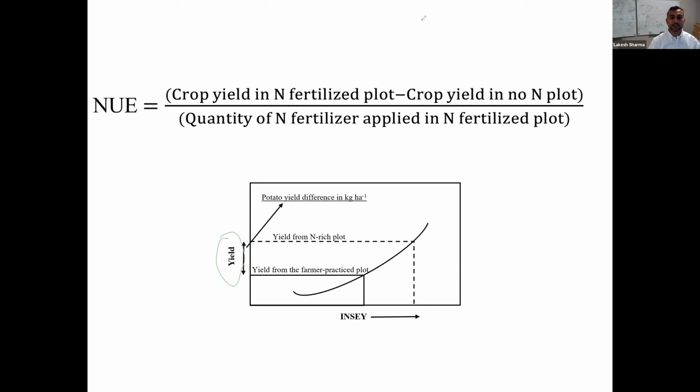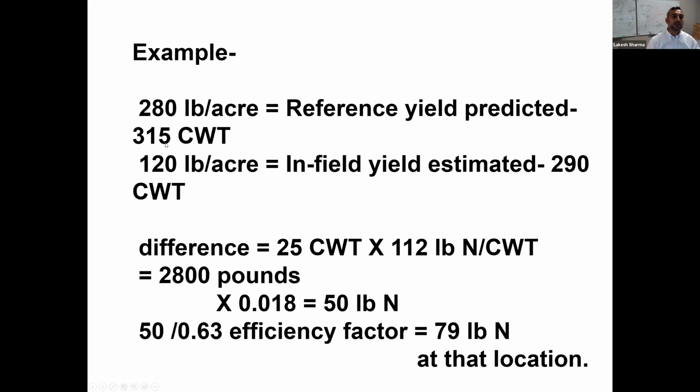So let's go ahead and calculate how much nitrogen we need. All right. For an example here, 280 pounds of nitrogen per acre was applied on the high nitrogen plot, and our sensor estimated a yield of 315 hundredweight. The farmer applied 120 pounds of nitrogen per acre on his plot, and the sensor estimated 290 hundredweight of potatoes.